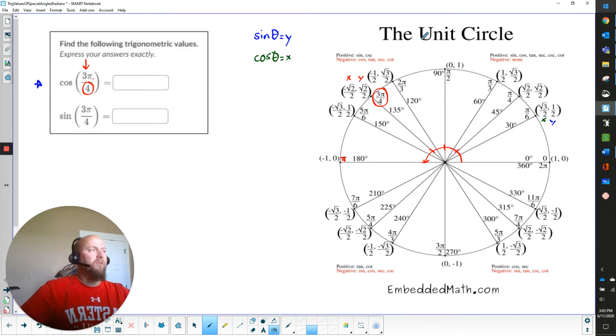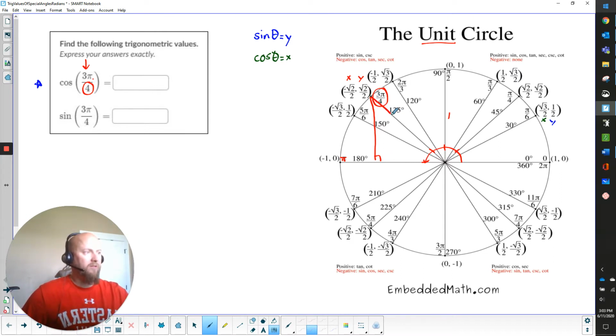Now the reason, if you haven't caught on to this yet, the unit circle is called the unit circle is because the radius, or the hypotenuse, of all these reference triangles is 1, no matter which angle you land on. You can always draw the reference triangle that connects down to the x-axis.